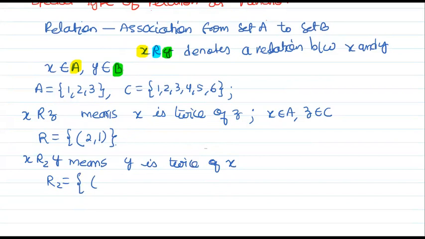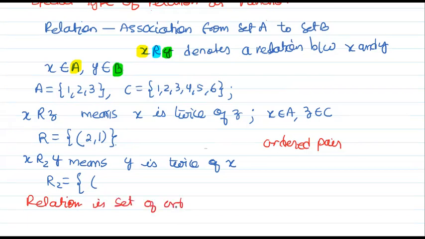You have to understand this ordered pair. So this is a set of ordered pairs. So relation is basically a set of ordered pairs, that you have to understand.